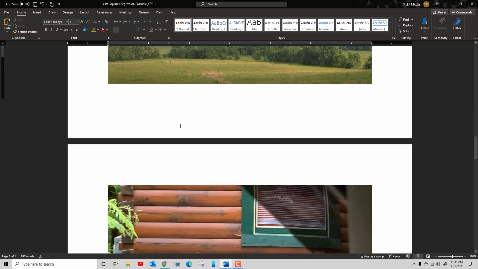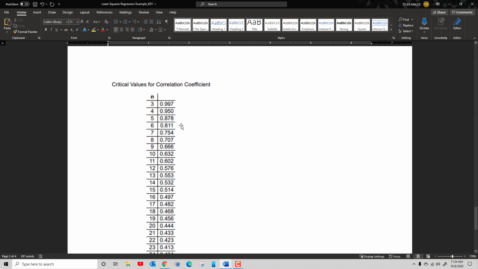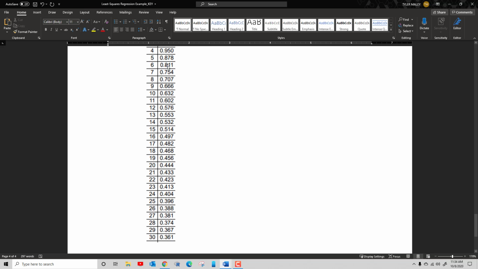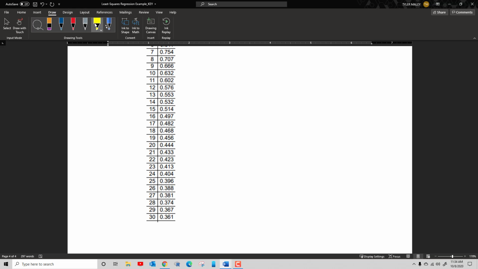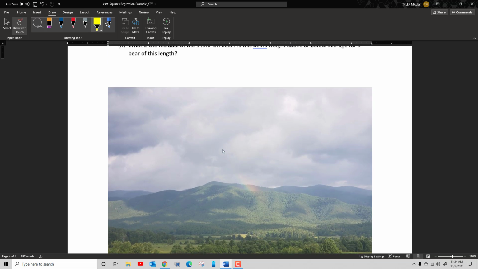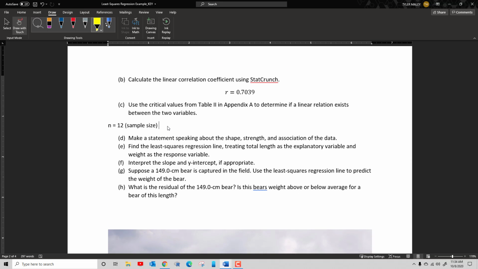So if I look down at this table, we look for 12. That's the critical value that I'm looking for, 0.576.